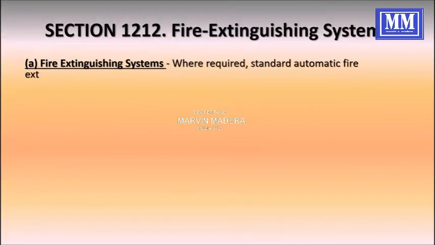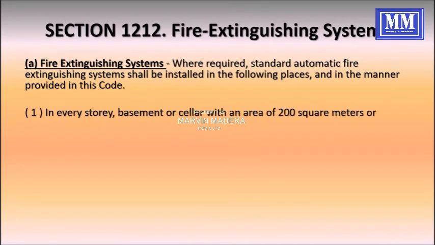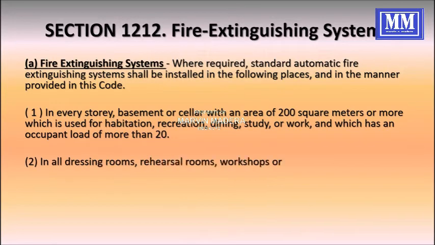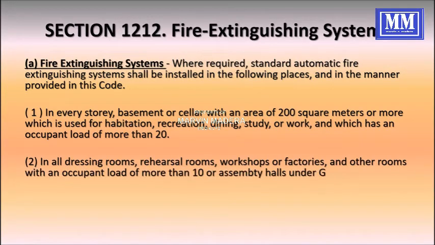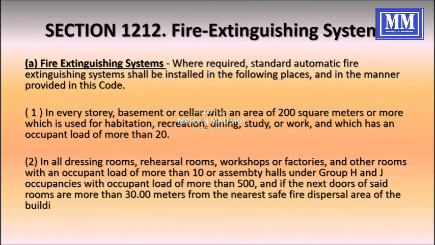Fire extinguishing system. The required standard automatic fire extinguishing system shall be installed in the following places in the manner provided in this code. In every story, basement, or cellar with an area of 200 square meters or more, which is used for habitation, recreation, dining, study, or work, and which has an occupant load of more than 20.